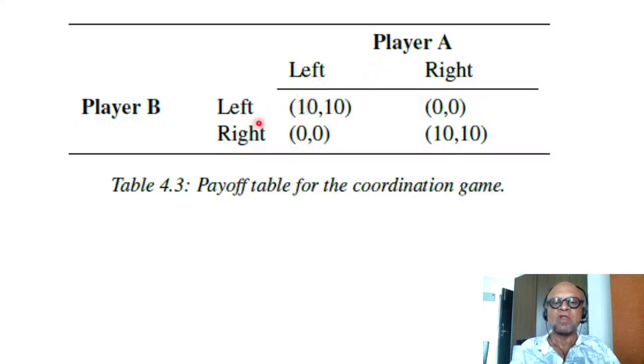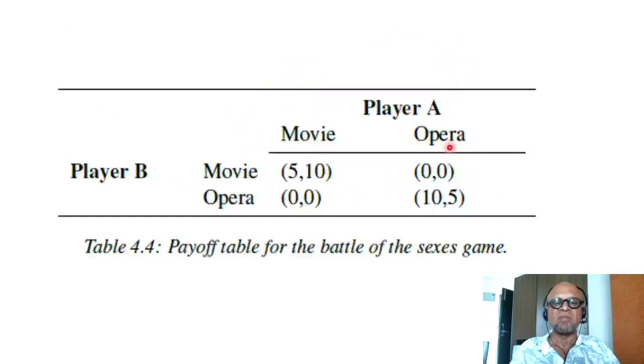So if both go left, they avoid the accident. In this case, let's say payoff is 10 and 10. If one goes left and the other goes right, they both have an accident and 0-0 in terms of payoff. And if one goes right, the other goes left, again you have an issue. So left-right, right-left. And if they both go right, obviously you have payoff for both that saves the accident from occurring.